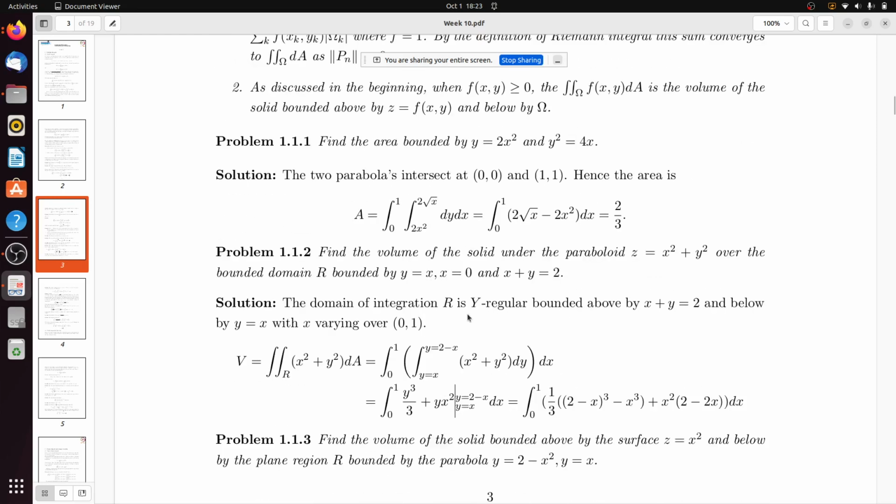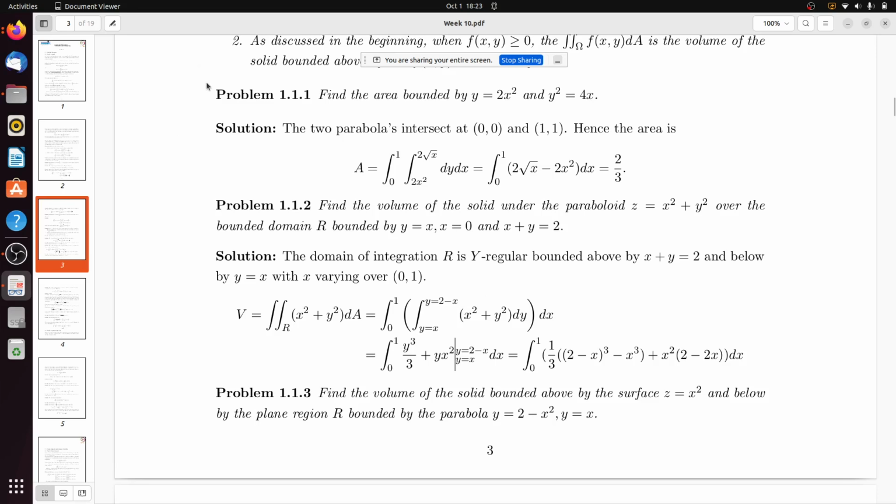Okay, now we have another problem. We have to find the area bounded by y equal to 2x square and y square equal to 4x. They are actually two parabolas. And how do they look?